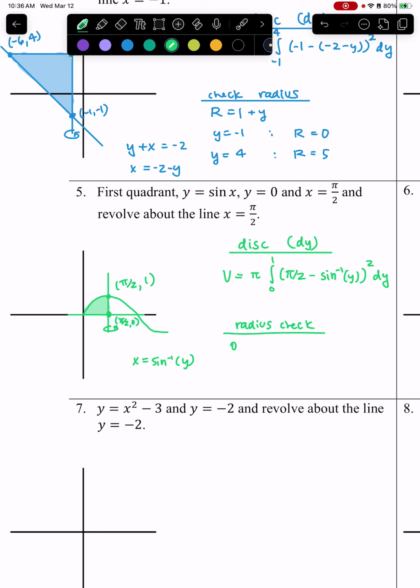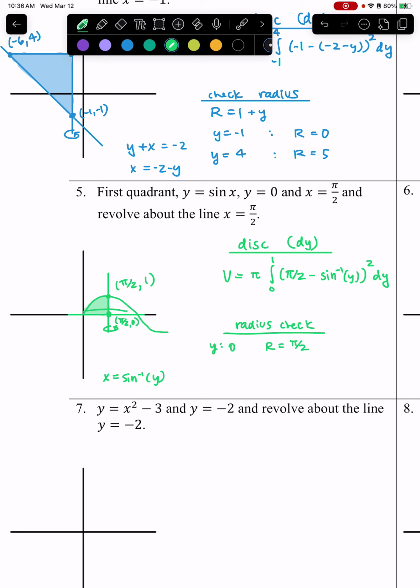When y is equal to 0, sine inverse of 0 is like saying at what angle does sine equal 0. Sine is 0 at 0. So that means our radius would be pi over 2 minus 0, which is pi over 2.